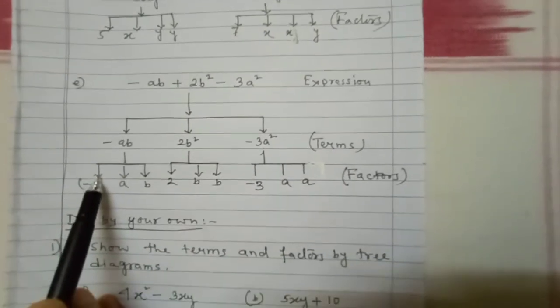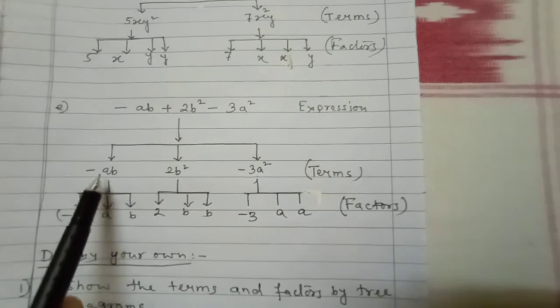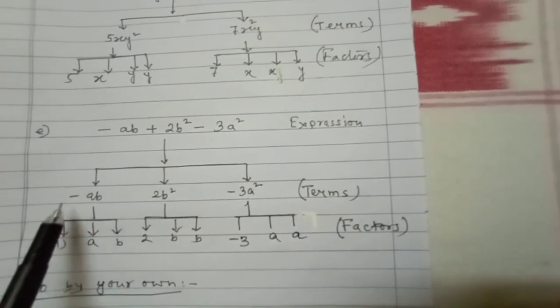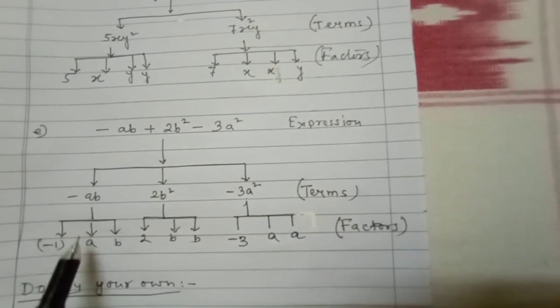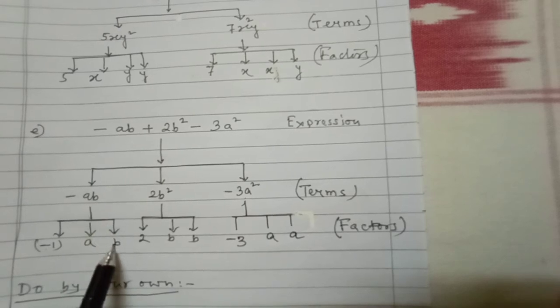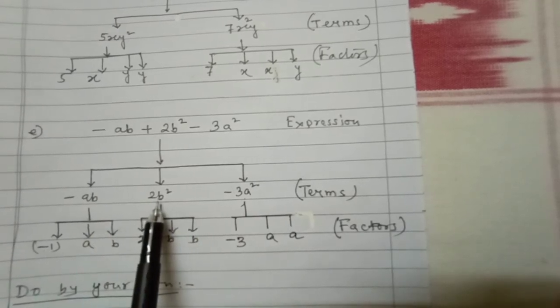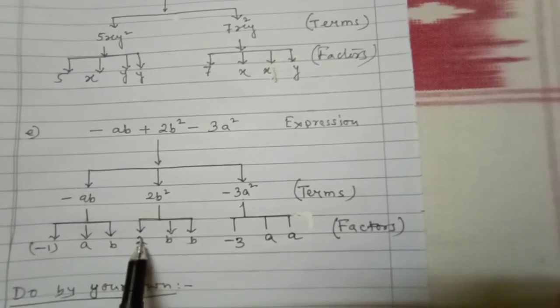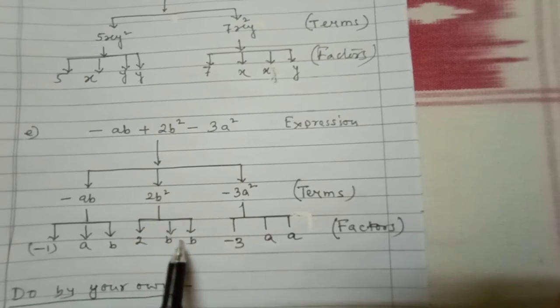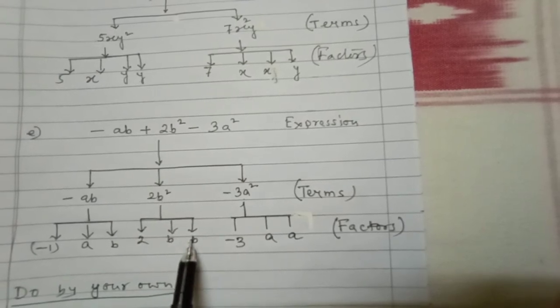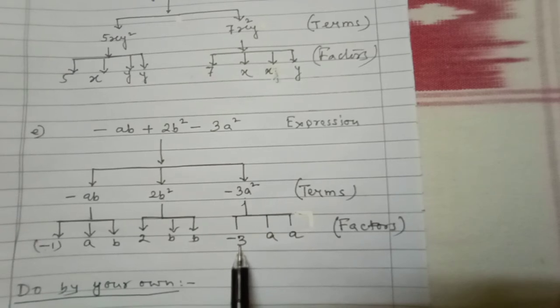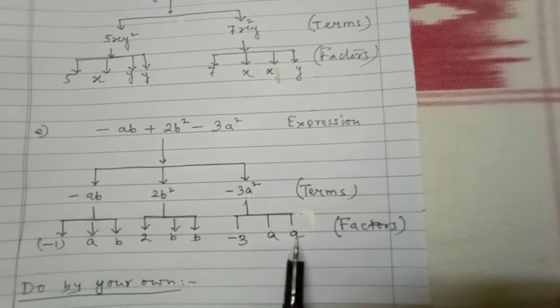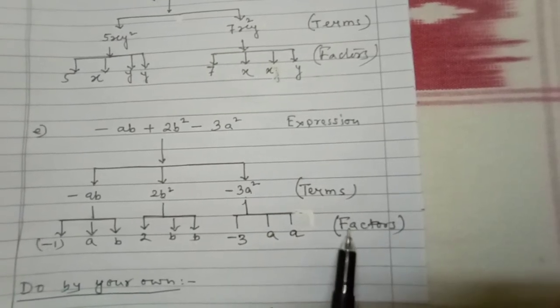From here, the next branch of your tree is -1 because of this minus sign, and one factor is a and another factor is b. From this term, the factors are 2, b, b. Here -3, a, a. These are the factors.